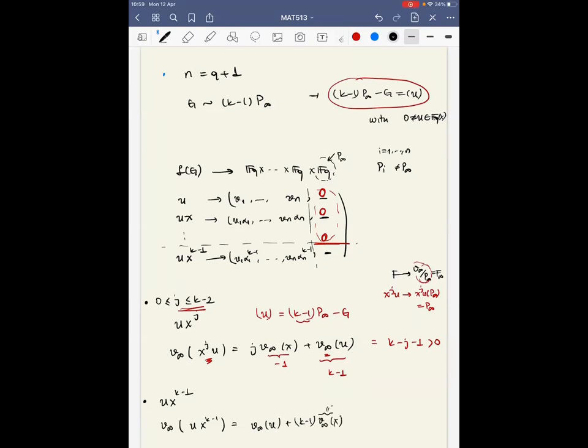Similarly, this is going to be minus 1, and v_infinity of u is indeed, because of this equality, going to be k minus 1. So that means this valuation is going to be 0. So that means u times x to the k minus 1 behaves like a constant in this residue class field F infinity.